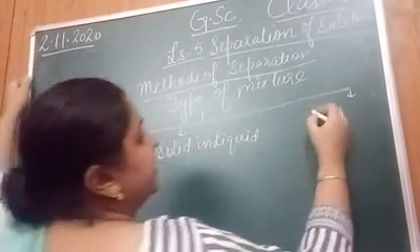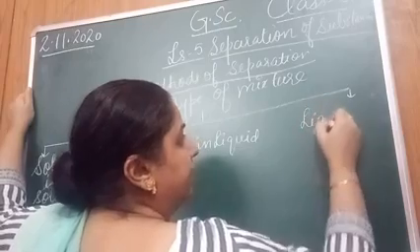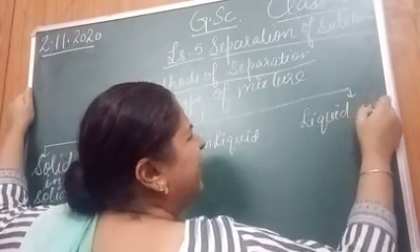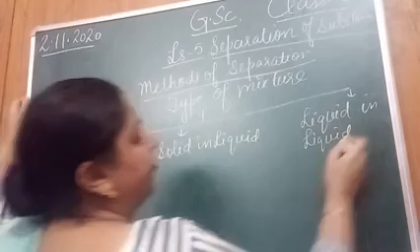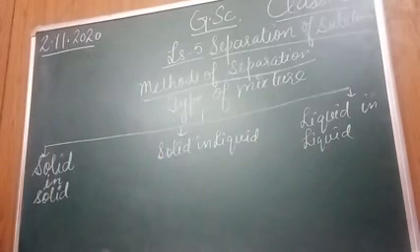Then there is liquid in liquid. Basically in your syllabus there are 3 types of mixture: solid in liquid, liquid in liquid, and solid in solid. Right? Is that clear to all?